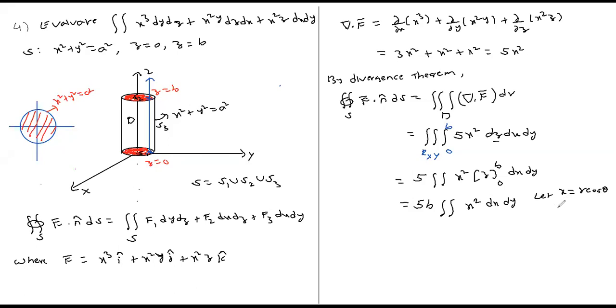If you say a cos theta, a is constant, that is a parametric representation, so don't confuse with this. y equals r sin theta, and dx dy is r dr d theta. So this is going to be 5b times the double integral of x square, which is r square cos square theta, and dx dy is r dr d theta.